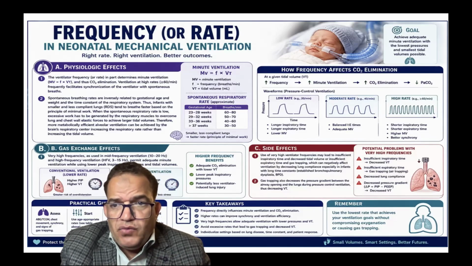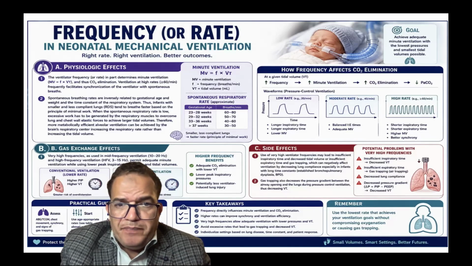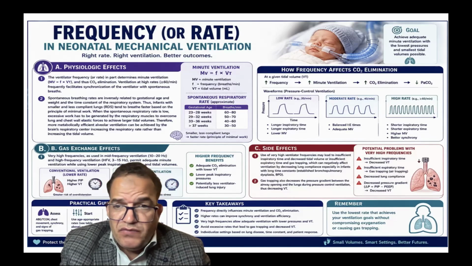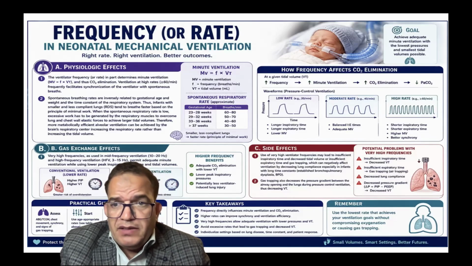But if you put a baby on a high rate, and you have insufficient expiratory time, you are decreasing the tidal volume. Insufficient expiratory time is now inviting gas trapping and auto PEEP.